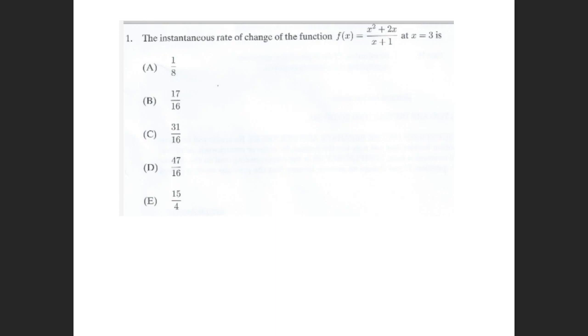So here's a problem. It says find the instantaneous rate of change of the function f of x equals x squared plus 2x over x plus 1 at x equals 3. Okay, so I'm going to let you work that out, see what you get for an answer, and then we'll go through and see if I get the same answer as you do.